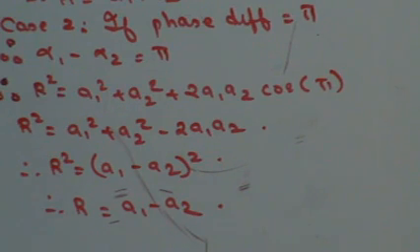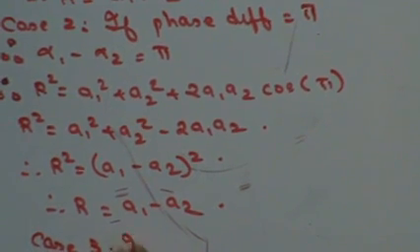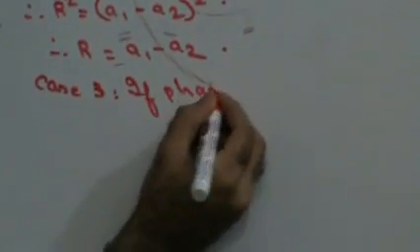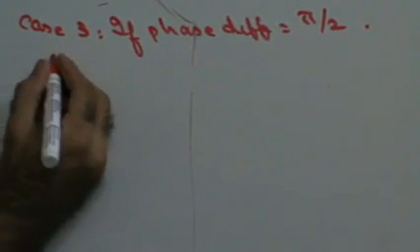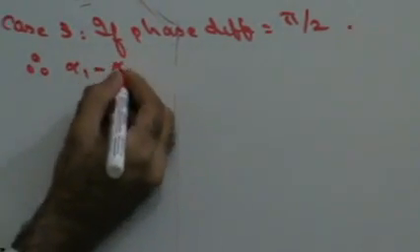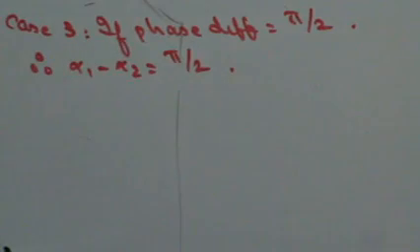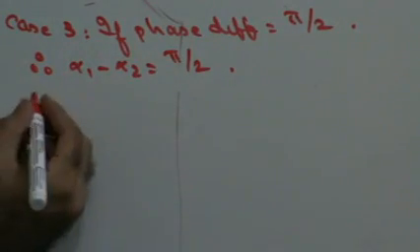Right? Next, case 3. If the phase difference is equal to pi by 2, that means alpha 1 minus alpha 2 is pi by 2.